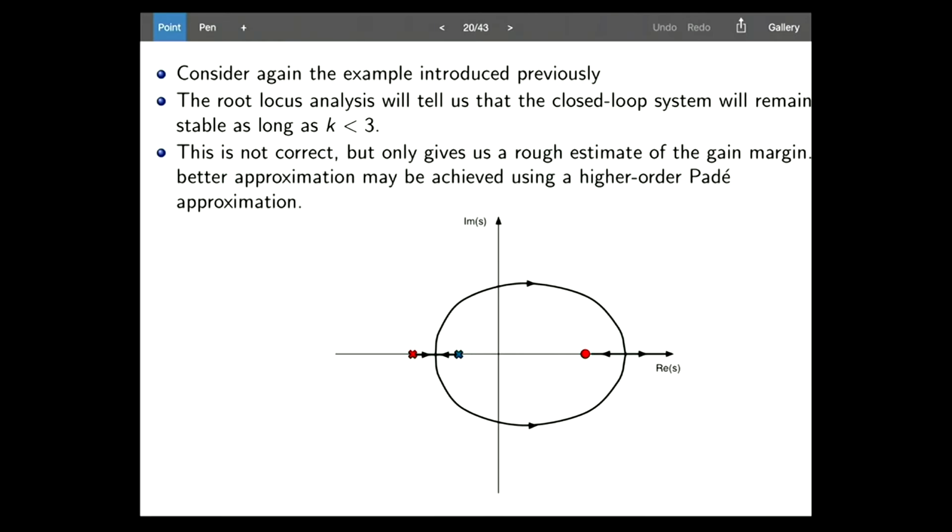The question was that I've been telling you the rule so far that the root locus is on the left of an odd number of poles or zeros.